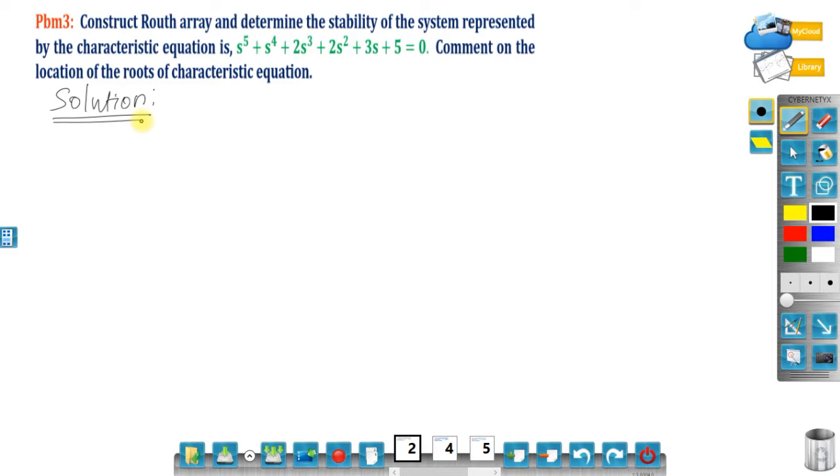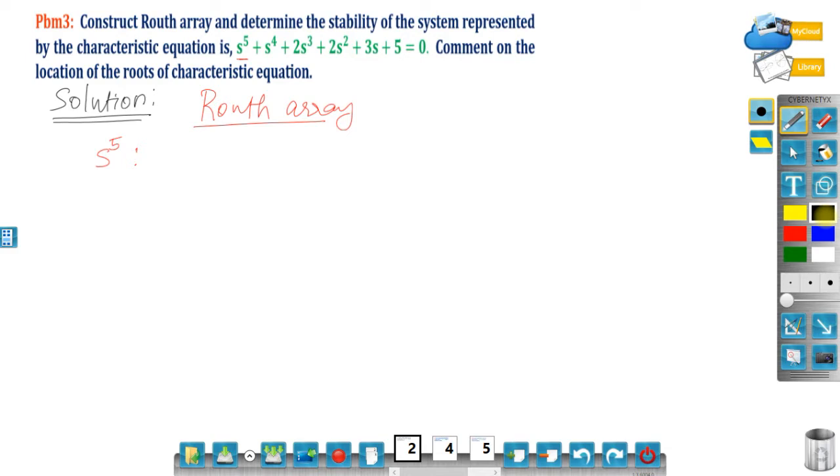First of all, as a first step, let's create the Routh array. The maximum power of s in this equation is 5, so the Routh array will start from the s power 5 row. This is the first row, where we have the coefficients of the odd powers: s power 5, s power 3, s power 1.